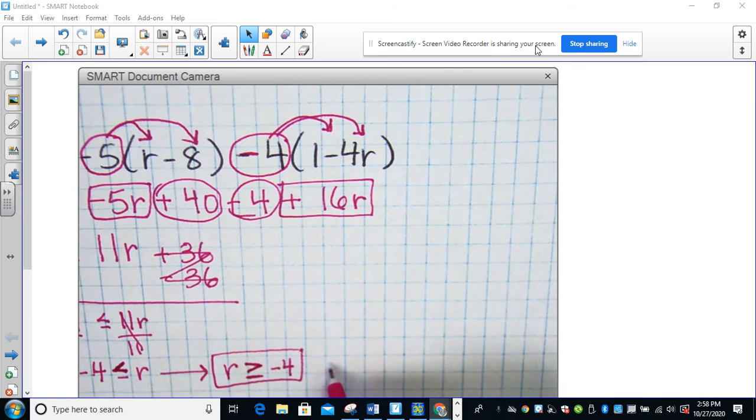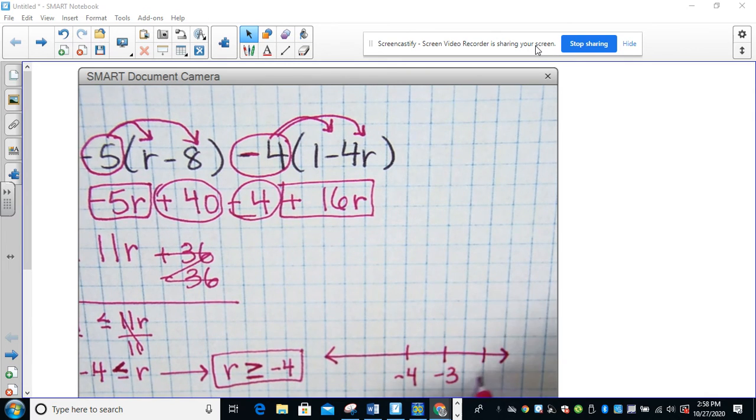And now when I graph it on a number line, I'm going to include -4, -3, -2, -5, -6. So since there's an equal sign, I'm going to put my dot at -4 and I'm going to color it in. And anything that's pointed to the right now, we can use that rule since the variable's in the front.